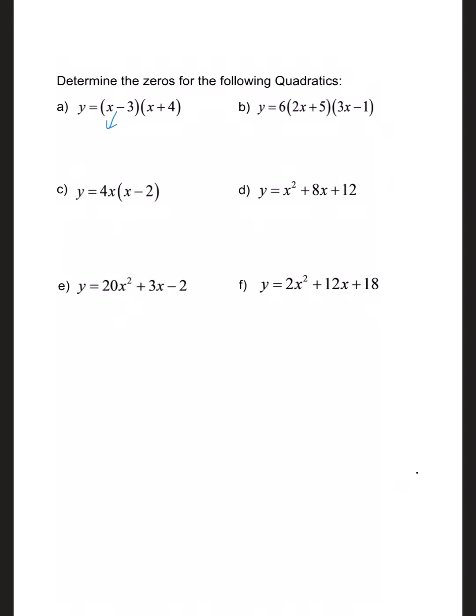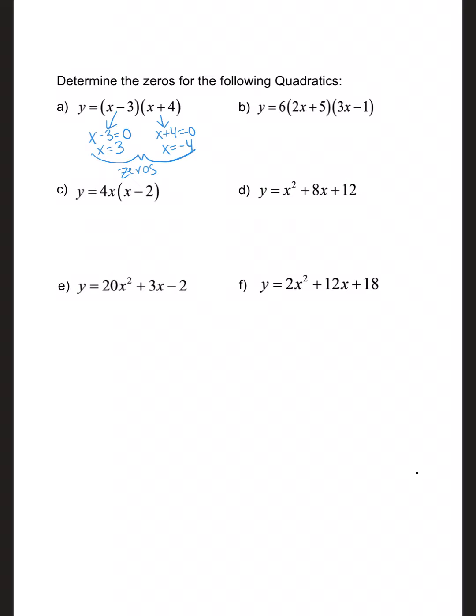But we have to be careful doing that, because sometimes there's going to be more than just one number inside of our bracket. So I always encourage you to take your bracket, set it equal to 0, and then solve for x. So in this bracket, it's x plus 4 equals 0, so x equals negative 4. When we're determining the zeros, we're taking each bracket, setting it equal to 0, and then solving. So these represent our zeros.